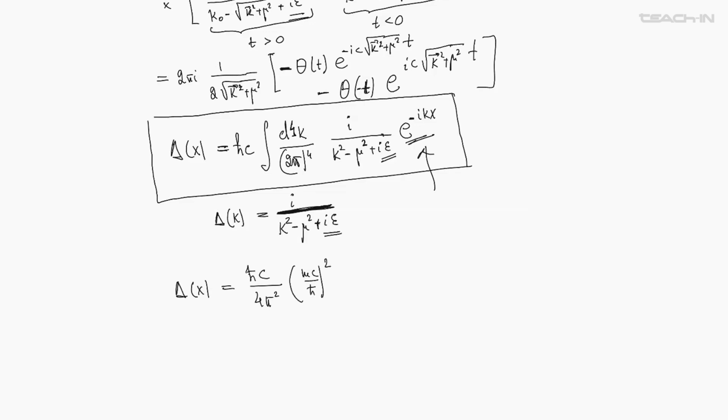K1, the McDonald function, which is a particular type of Bessel function, so it's called the McDonald function K1, on the argument mc over h bar.